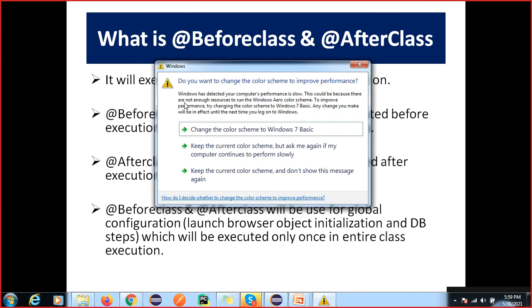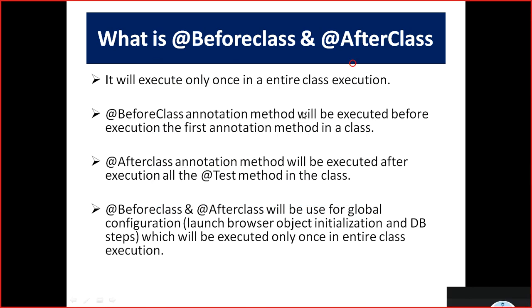The BeforeClass annotation method will execute before executing the first test method in the class. The AfterClass annotation method will execute after executing all the test methods in the class. BeforeClass and AfterClass are used for global configuration, like launching the browser, object instantiation, database connection, which will be executed only once in the entire class execution.